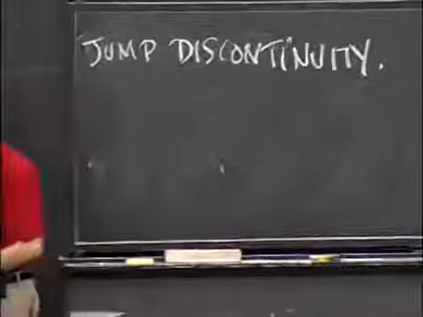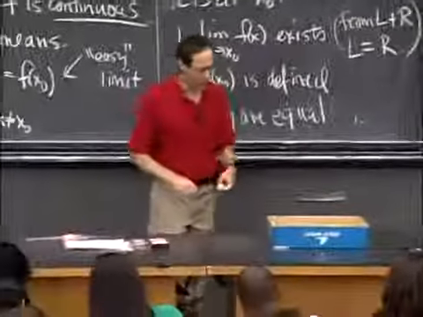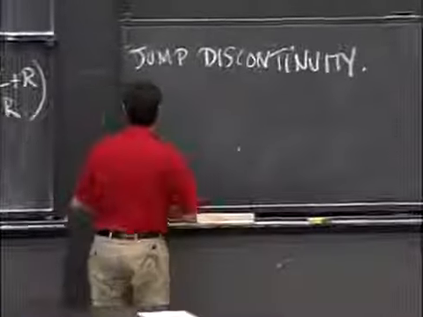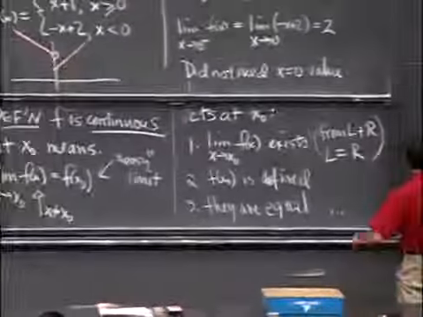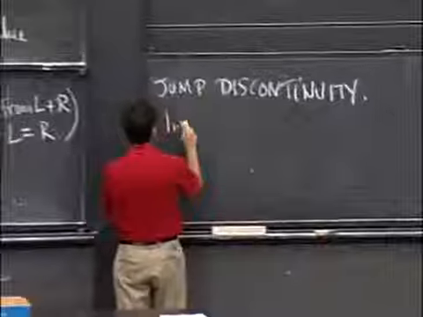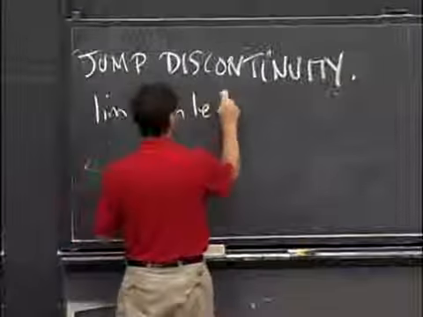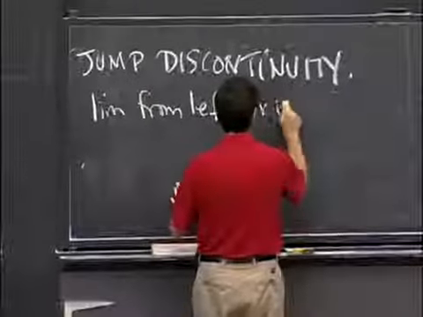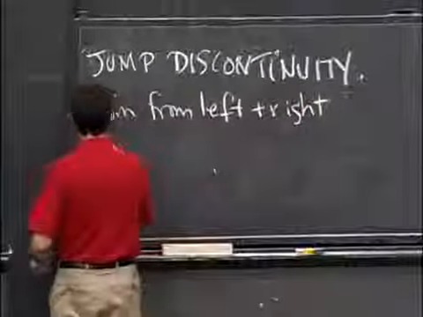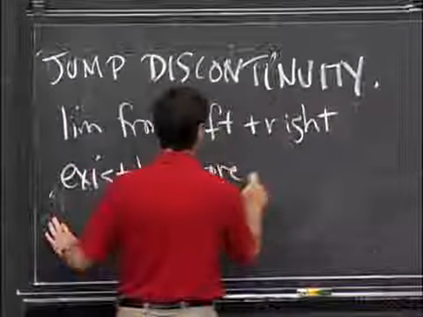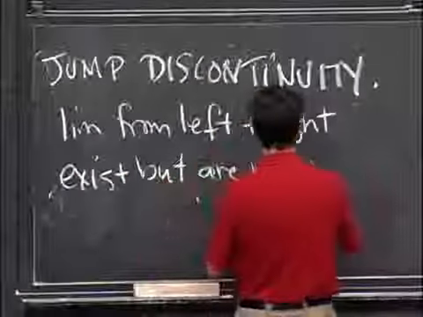So what would a jump discontinuity be? Well, we've actually already seen it. The jump discontinuity is the example that we had right there. This is when the limit from the left and right exist but are not equal.